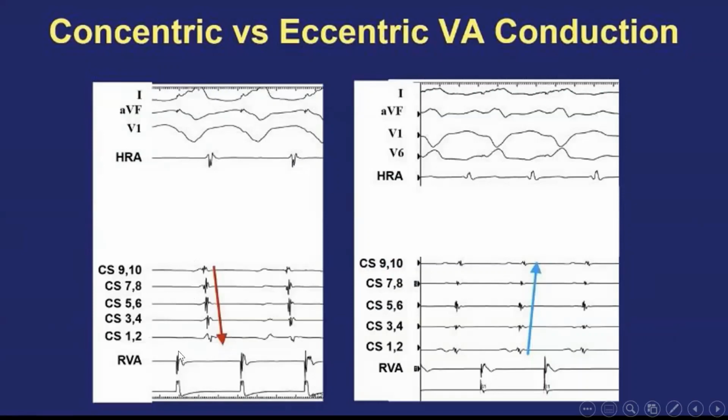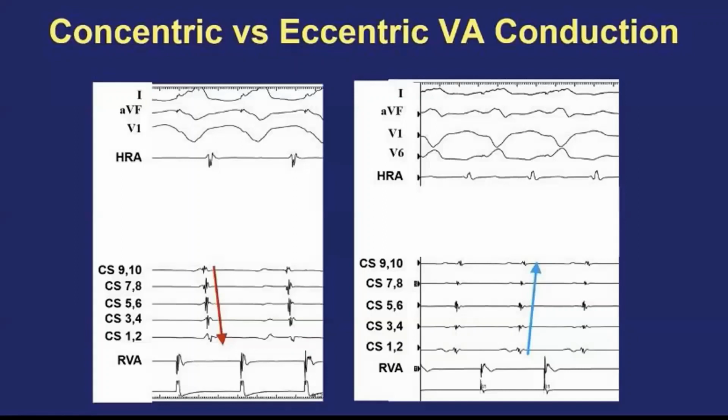When the activity goes from the RV to the atrium, because it's the re-entry circuit, after the RV it will usually go to the His. After that, from the His down to the coronary sinus. In the coronary sinus, usually the first is 9, 10, and down to 1, 2, and then after that to the high right atrium. This is called concentric conduction. Usually concentric conduction happens with AVNRT.